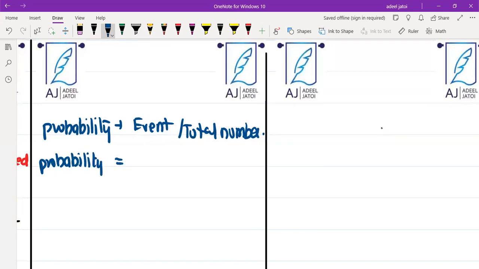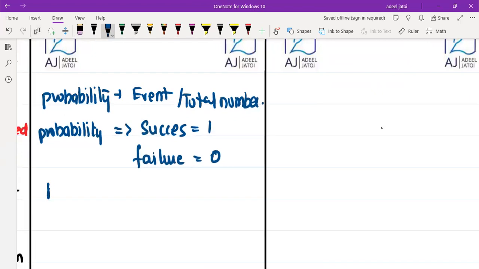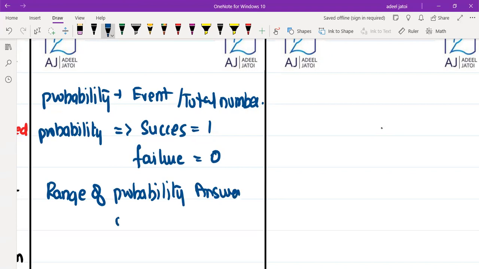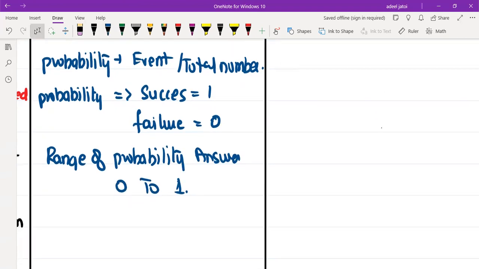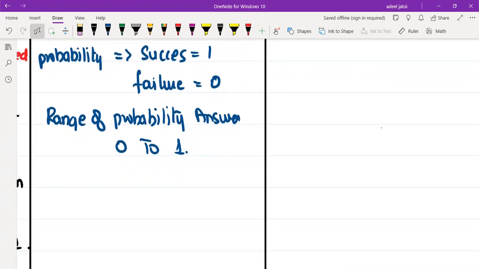When the probability is total success, it is equal to 1, and total failure is equal to 0, which means the range of probability answers will be from 0 to 1. Every time you find the probability, you will have a value from 0 to 1.